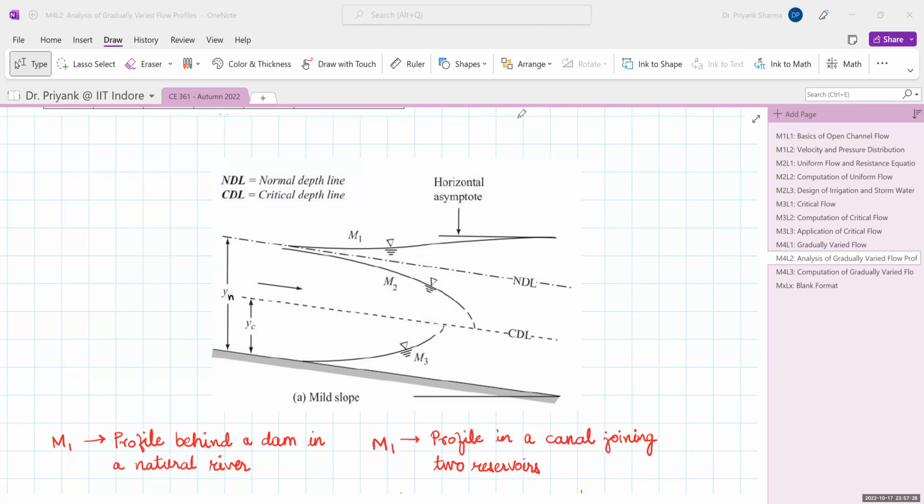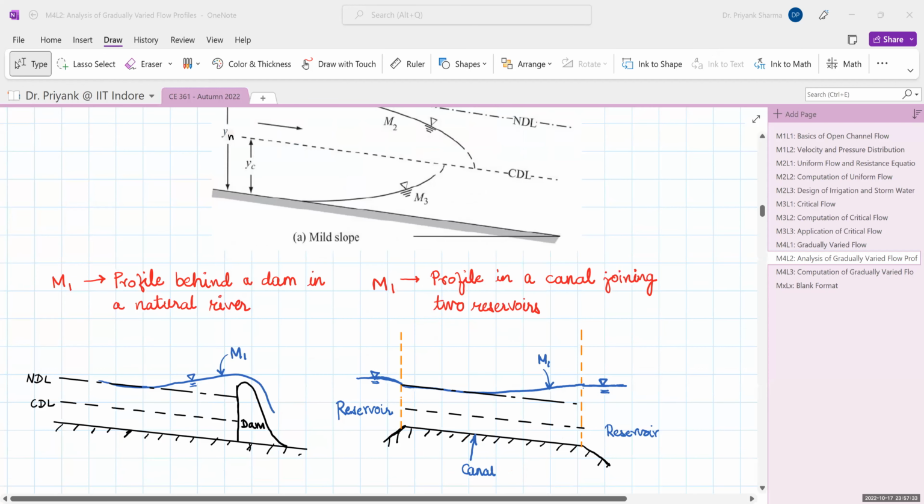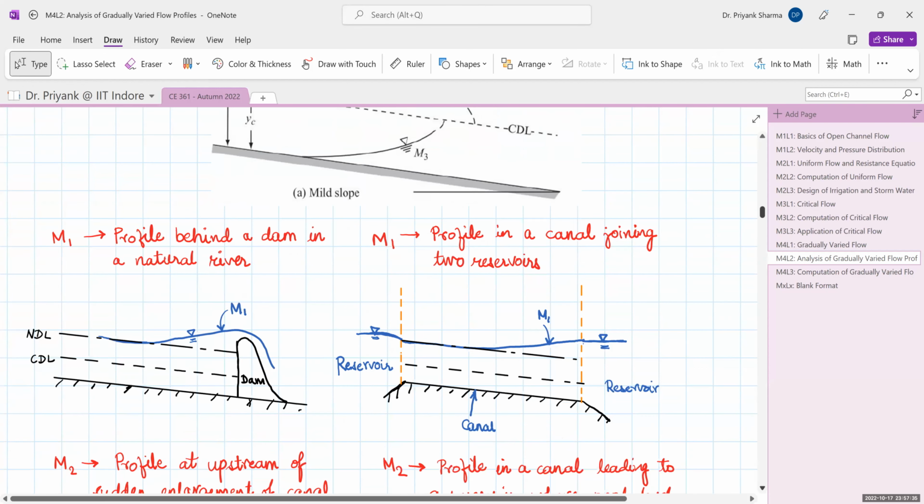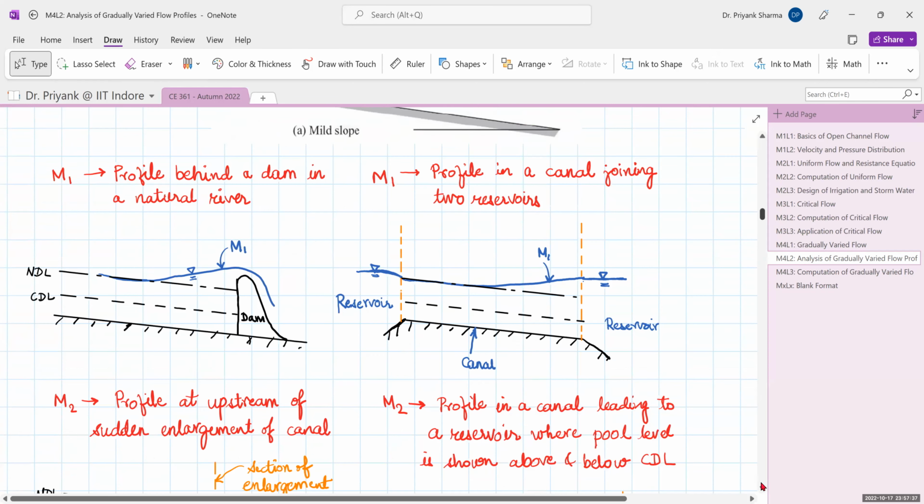So let us understand where practically you can find these profiles. The first profile, that is M1, is formed behind a dam in a natural river. In a river you construct a dam, so you create an obstruction. Now remember, when we are dealing with mild slopes, your NDL will always be higher than the CDL. These are just hypothetical situations where we are plotting without any actual data.